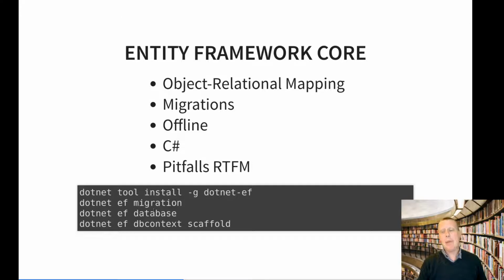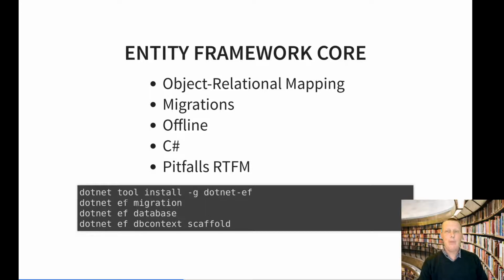Then it has this database command where you can update databases, the actual database, not just the specification. You have to tell it which database to connect to and run the migrations. And then there's one called dbcontext, and under there you find a nice command which can help you get started, which is scaffold.